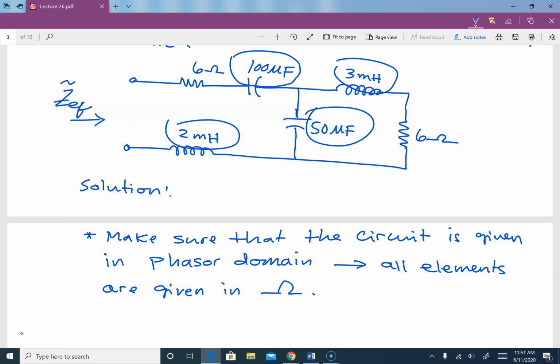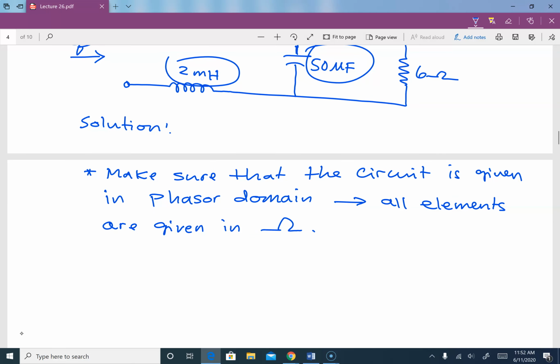So we have to convert those to be in phasor domain, which means that for the 100 microfarad, we have to find the reactance of that, or the impedance of it. Same thing for the 3 millihenry, 50 microfarad, and 2 millihenry. We will start with the Z of the 100 microfarad.